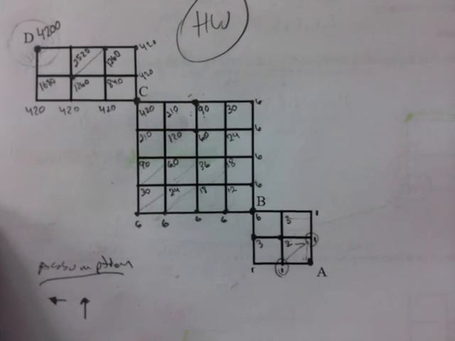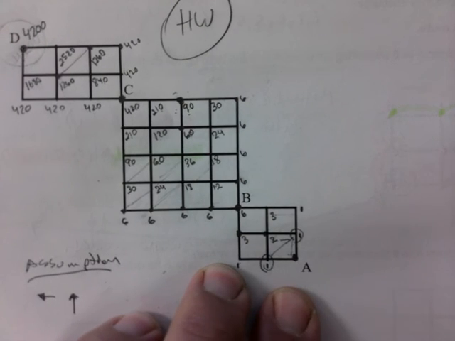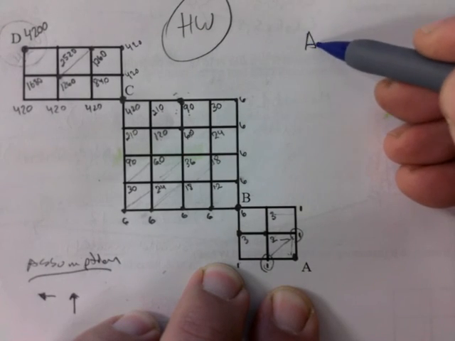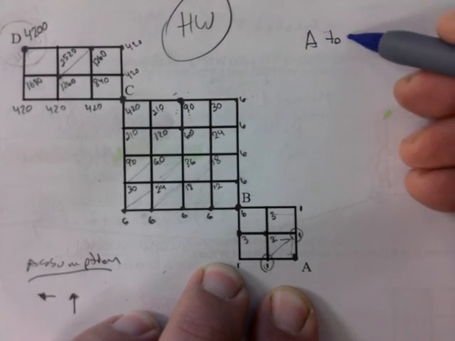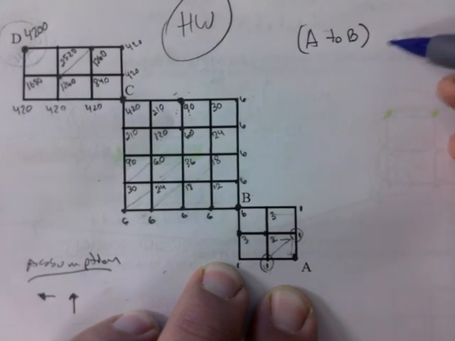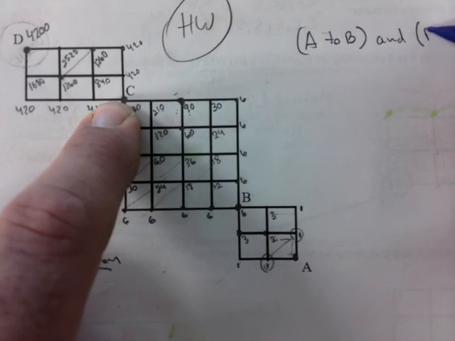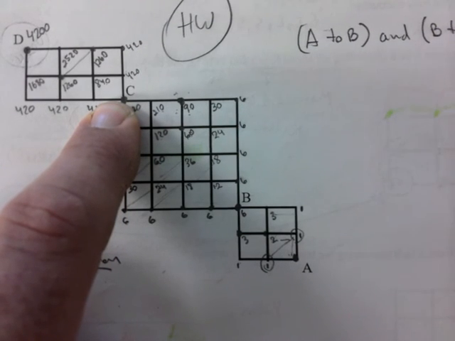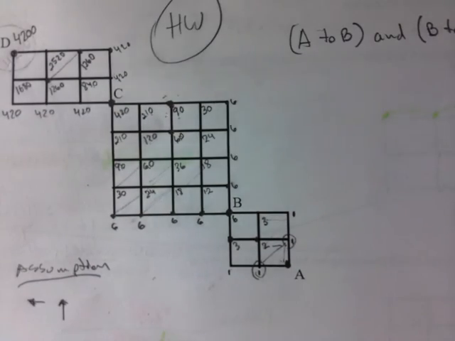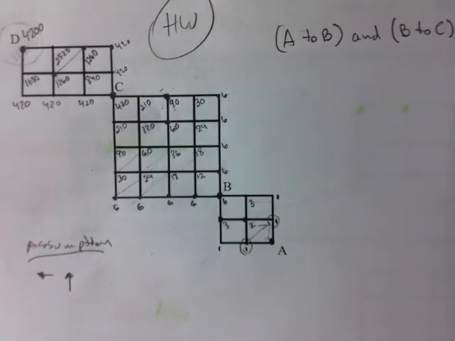So this is AND, right? So we're going from A to B is the first one, and B to C, and you can't see that, right? Are we good writing this down?